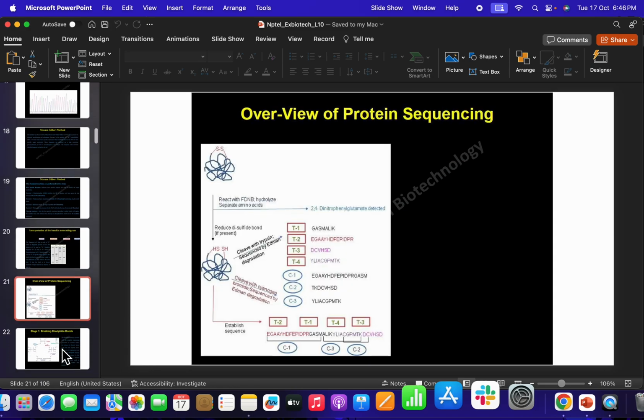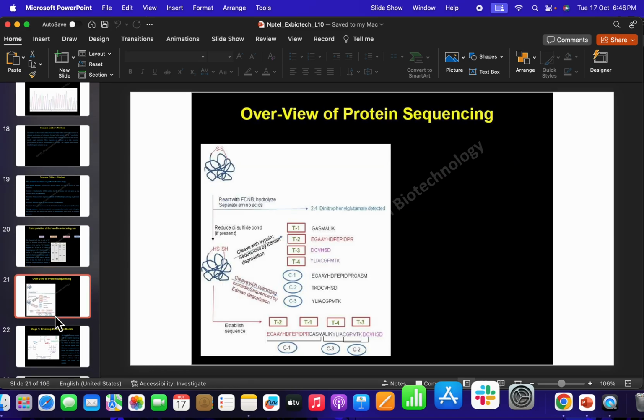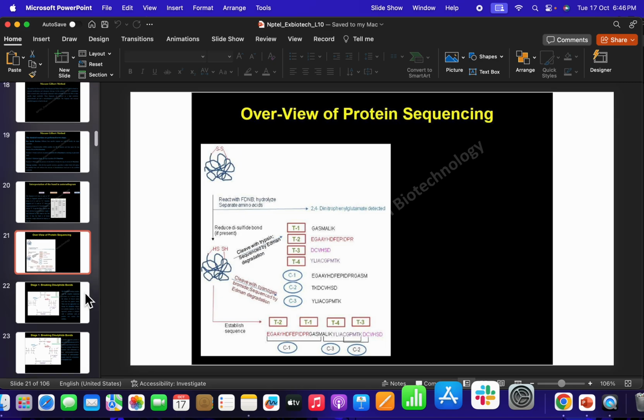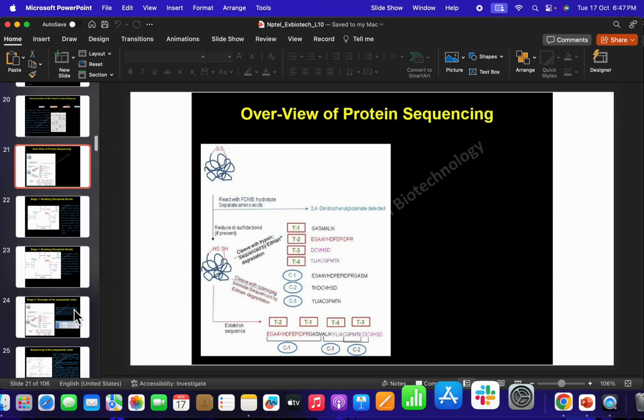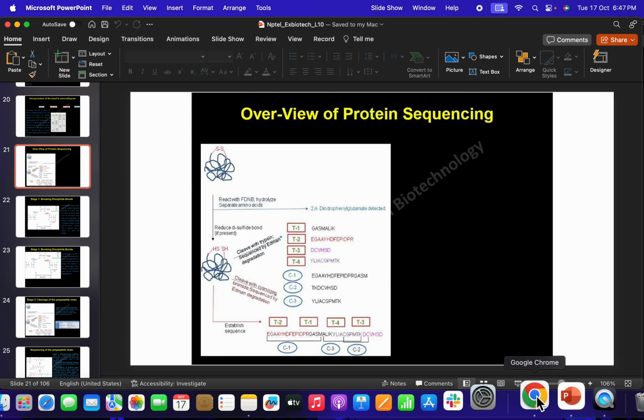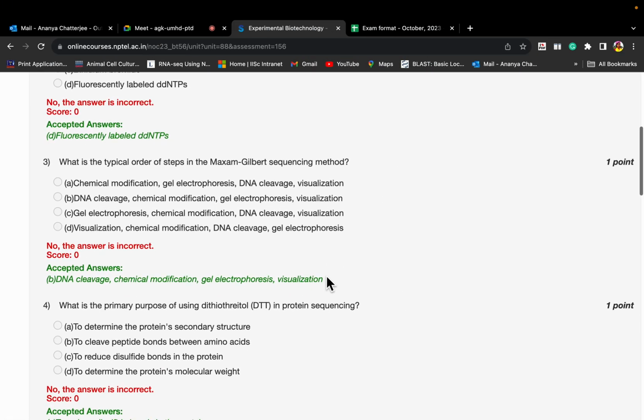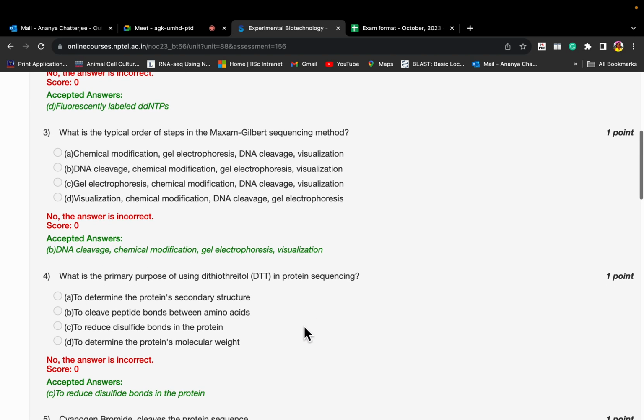So the typical order will be, at first you have to cleave your DNA, then chemical modification. After chemical modification, you have to run the gel, so gel electrophoresis, and then visualization.